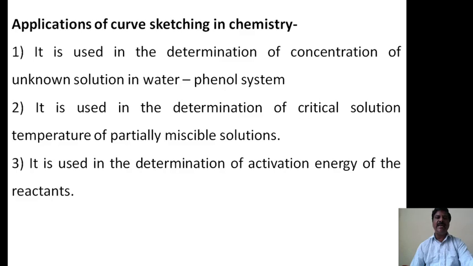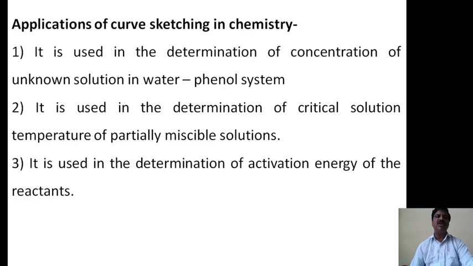Suppose we are adding some sodium chloride solution, a true solution. As we add sodium chloride particles to this system, the miscibility temperature increases. That is because the vapor pressure of the liquid decreases, hence the boiling point, or rather the miscibility temperature, increases.